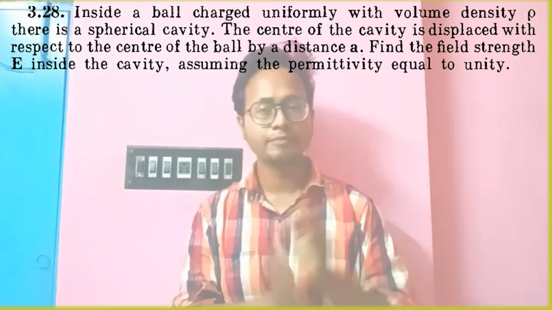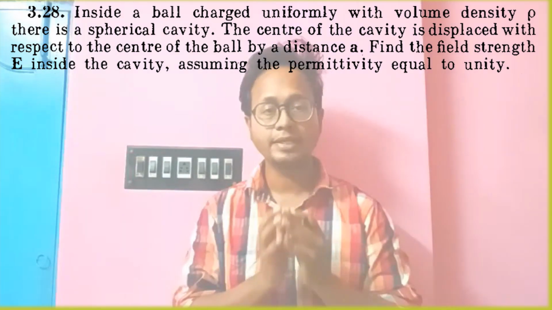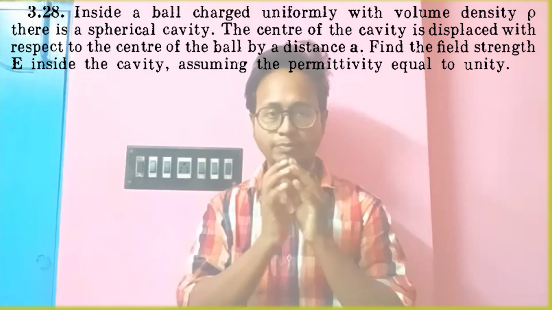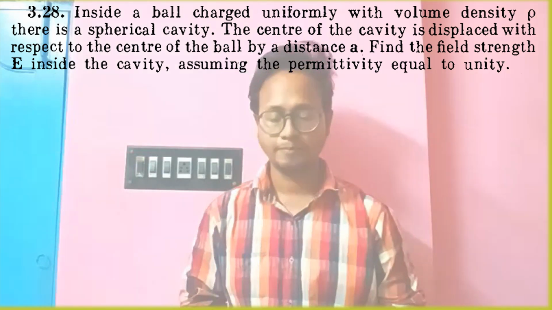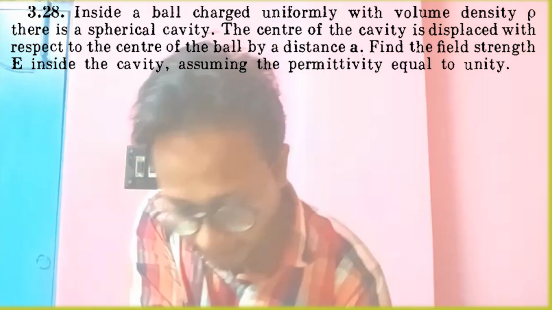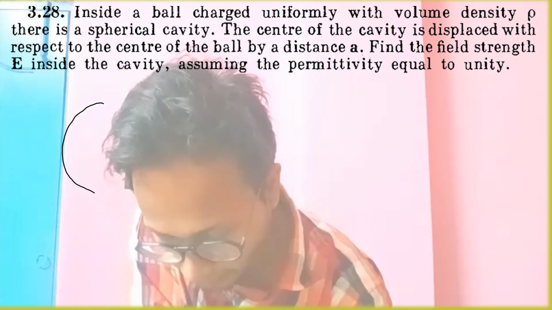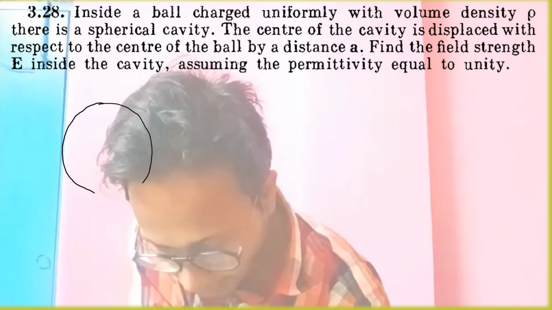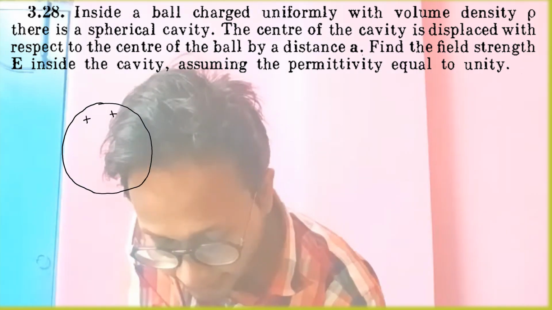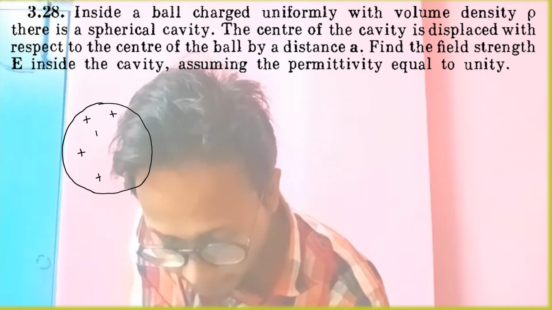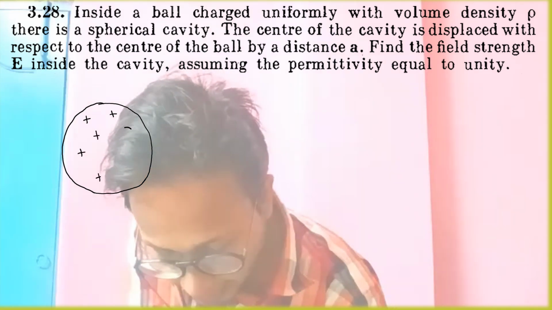In this question, we have to find the electric field inside a charged sphere. But inside the sphere there is a cavity. That means there is a sphere, and this sphere is an insulating sphere. How do I know? Charge is filled inside the volume of the sphere, and inside this sphere there is a cavity.